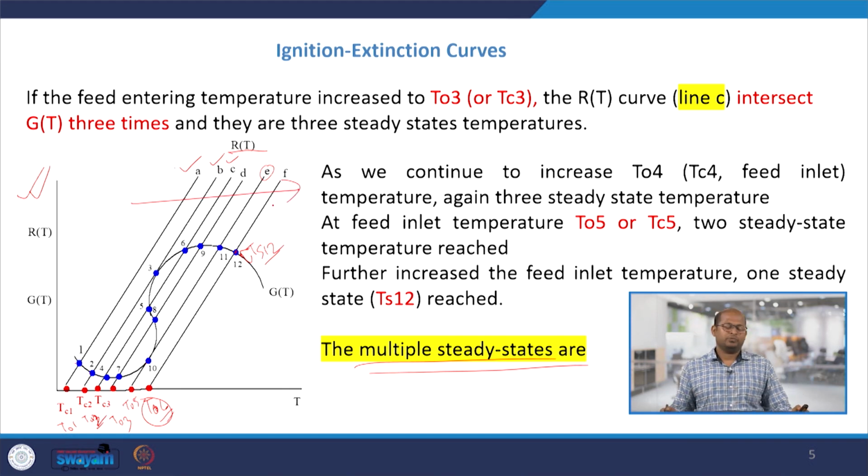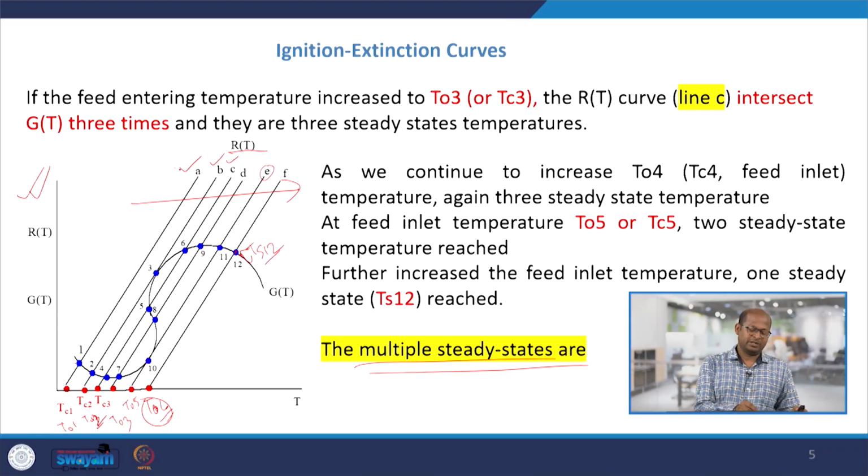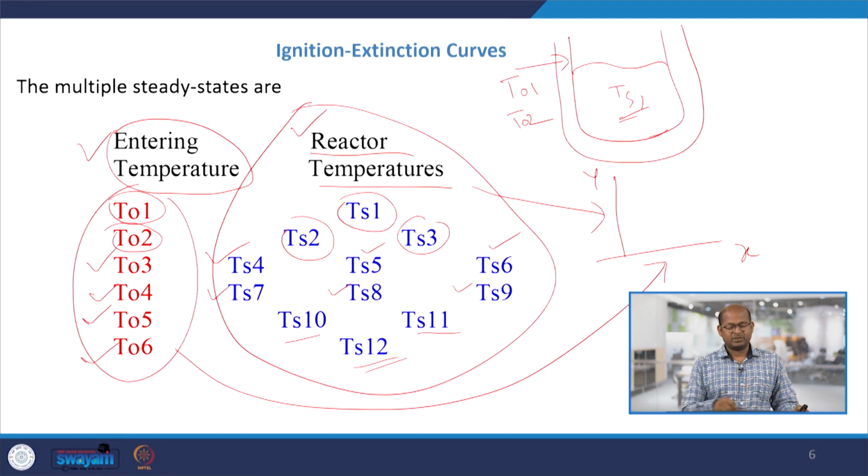If we start with a low feed inlet temperature, we will get this. If we gradually go to a higher feed inlet temperature, we will get this heat removal line. Depending upon that, we can get many steady states to operate the reactors, and that we have summarized.